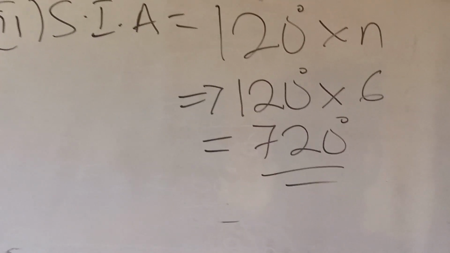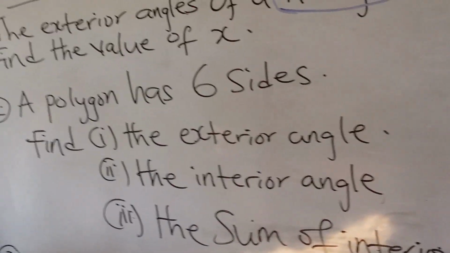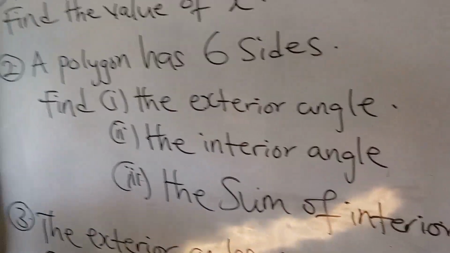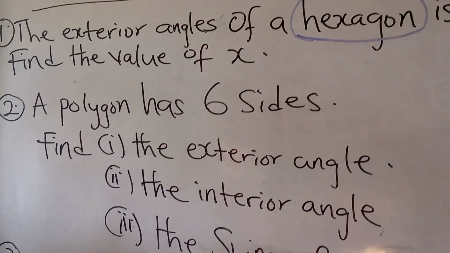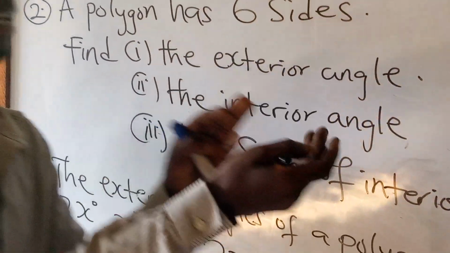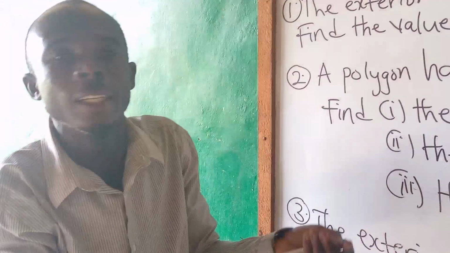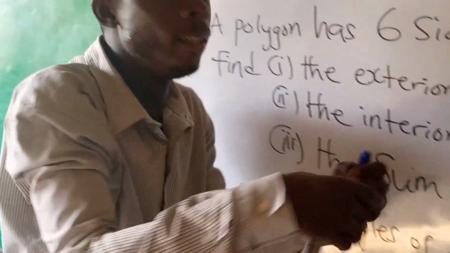So always when you are given a question like this, with the number of sides of a polygon, and you are asked to calculate the exterior angle, interior angle, and sum of interior angles, you first work out your exterior angle using this formula, that is 360 over n. After getting your exterior angle, you find your interior angle.